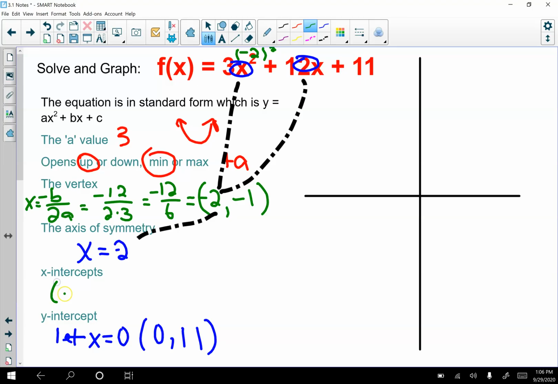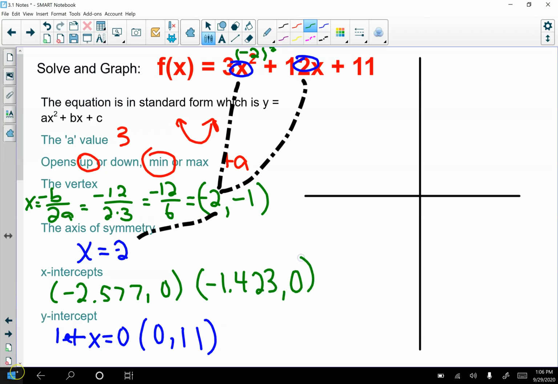The x-intercepts are negative 2.5770, and then the second one is negative 1.423, 0. And we have all of our information here. Guaranteed you're going to see one of these on the test.